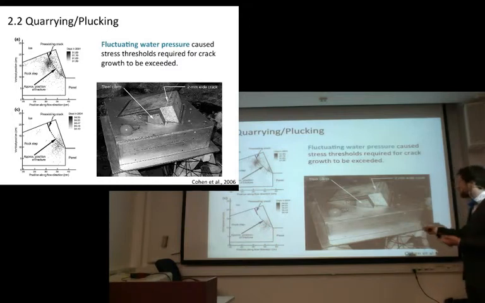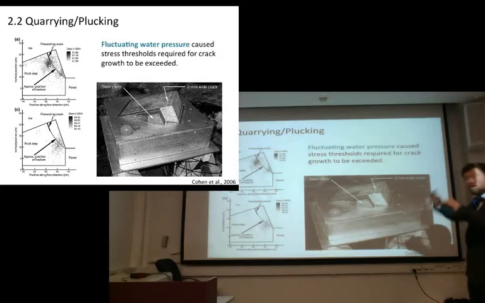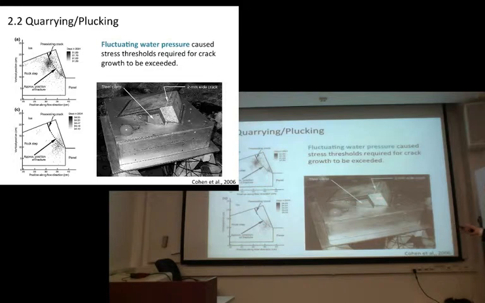So you have to imagine that this part here was flush with the bedrock and the ice was on top. They could control the water pressure: from here there was a small input, and they could inject water and control the water pressure.